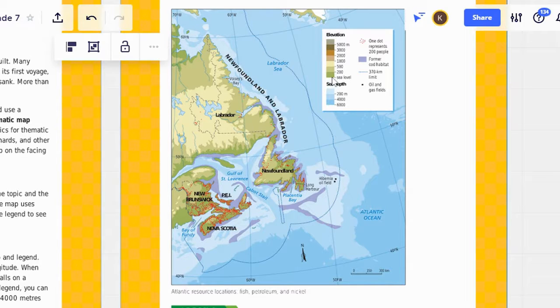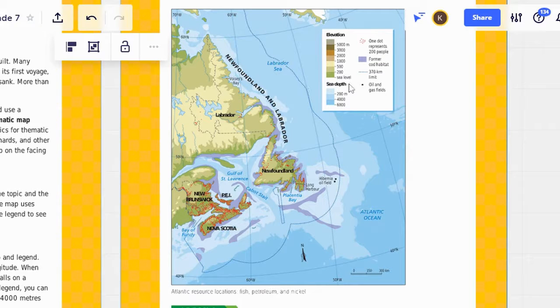And then the lowest land would be this green here, which is the sea level. So you're going to see a lot of that around the coast. And then it goes up. So you can see that Labrador here, we've got a lot of this rocky interior where it's higher up. It has more elevation. It's more elevated than New Brunswick and Nova Scotia, PEI, which are flatter and don't have that same elevation.